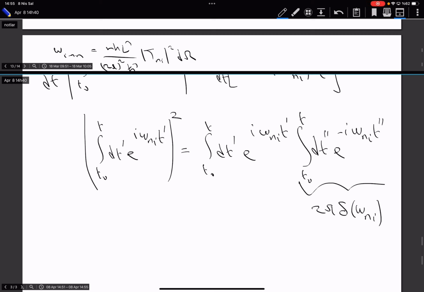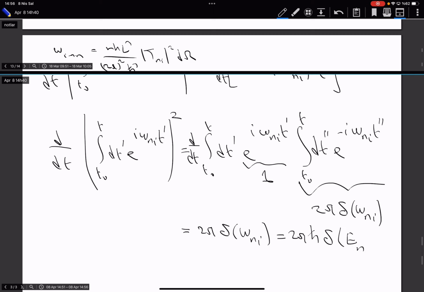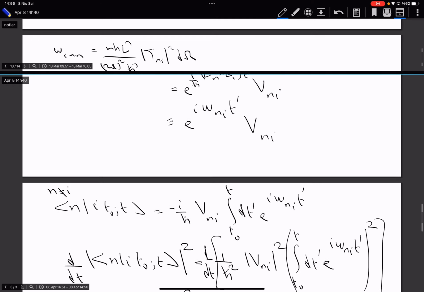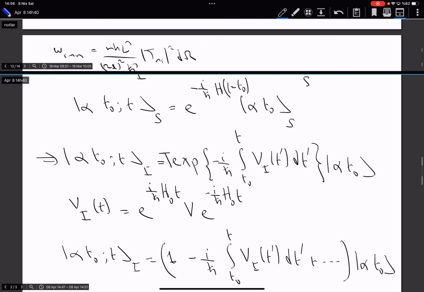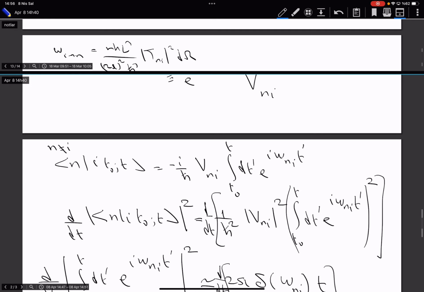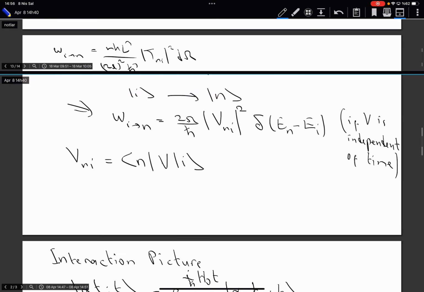If you put omega_ni equal to 0 in the first integral, this exponent becomes 1, so it's t minus t0. If you take the time derivative, it just gives you 1. So d by dt of this one is just 2 pi Dirac delta of omega_ni, or 2 pi over h bar Dirac delta of E_n minus E_i. And then we recover what's called Fermi's golden rule.